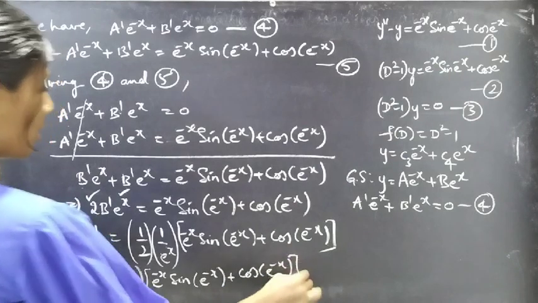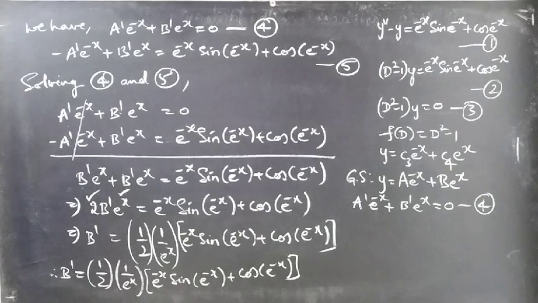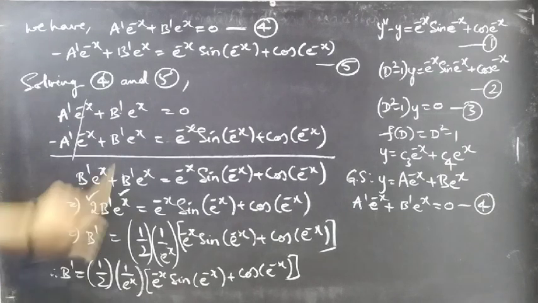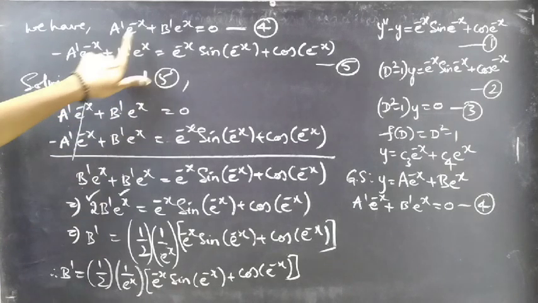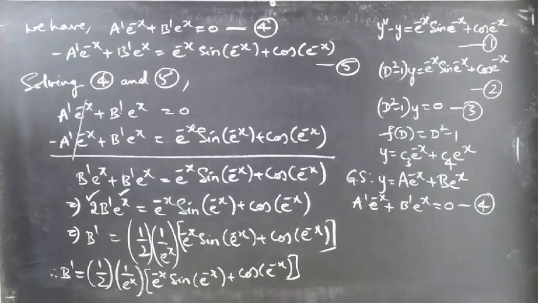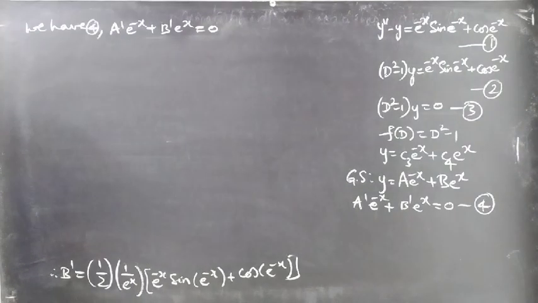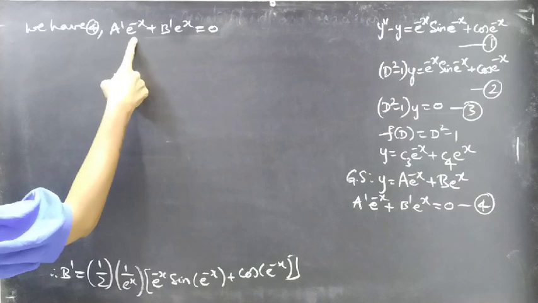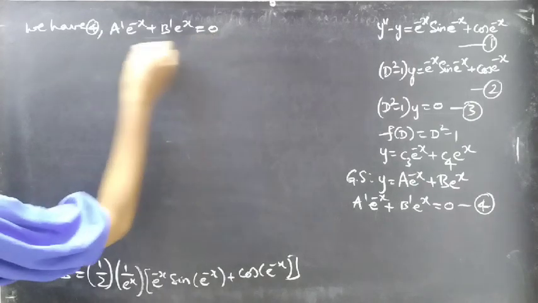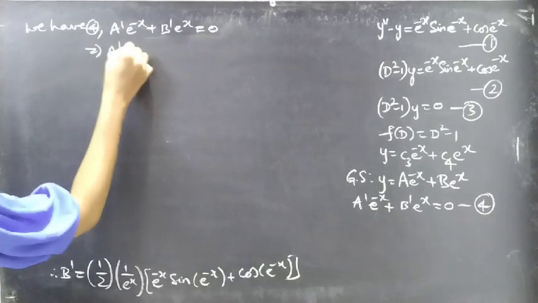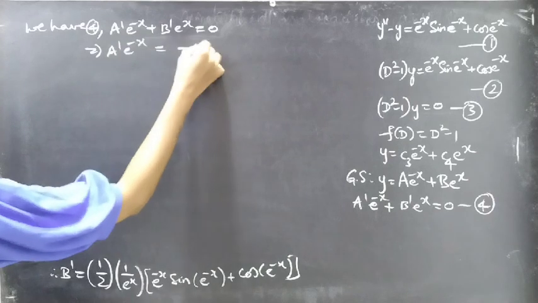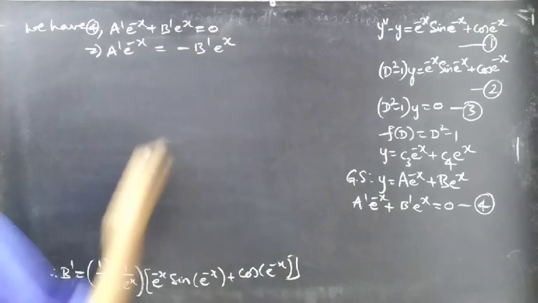Now let's substitute b dash in equation 4 to find a dash. See, we have equation 4, a dash e power minus x plus b dash e power x equals to 0. We can write this as a dash e power minus x equals to minus b dash e power x, right?